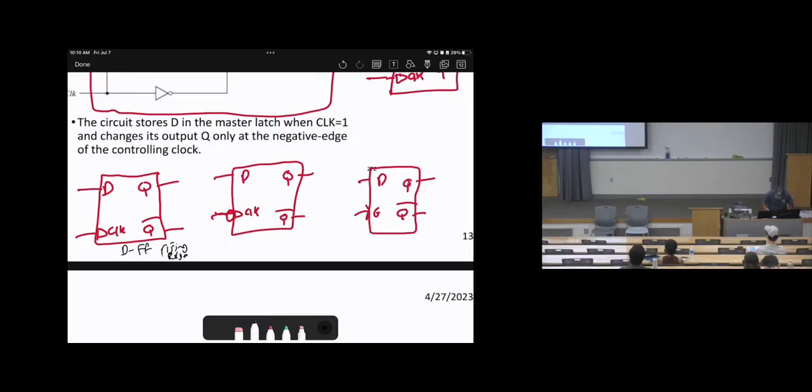It's a flip-flop because there's a triangular shape, and since there is a bubble, it's falling edge. D flip-flop, falling edge. Okay? The last one is a D latch, because there is no triangular shape at the clock.